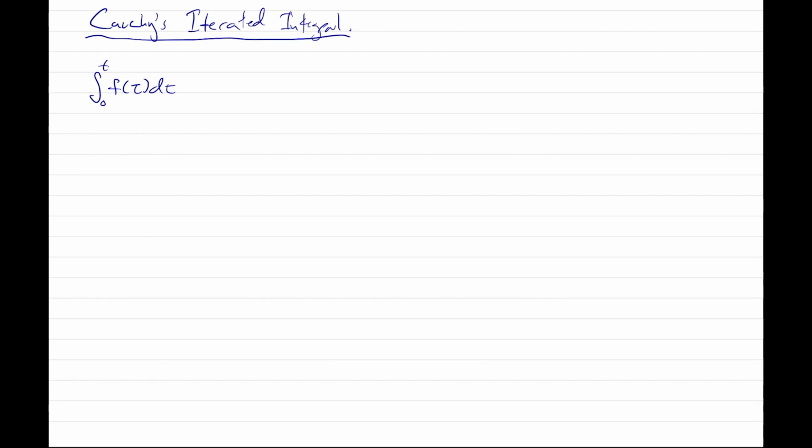All right, so now let's talk about Cauchy's formula, Cauchy's iterated integral formula. So we know, for instance, if I want to take the antiderivative of a function, then I can say the integral from 0 to t of f of tau d tau is an antiderivative of f, right?